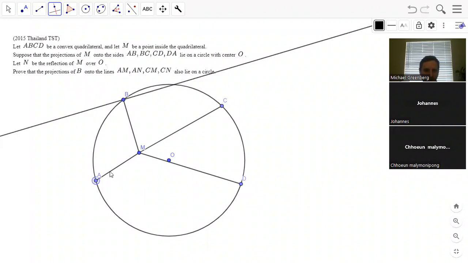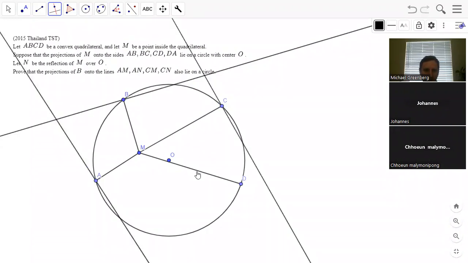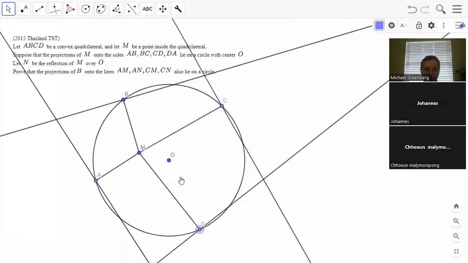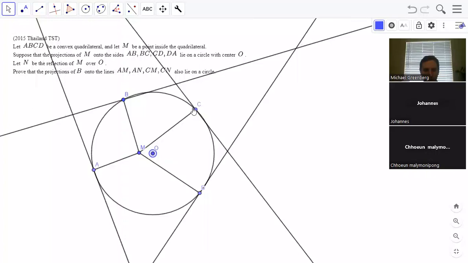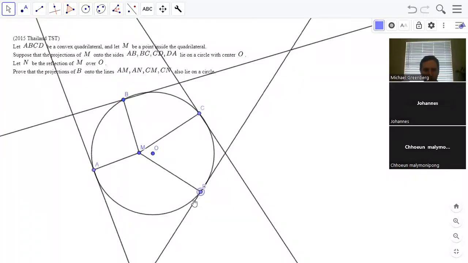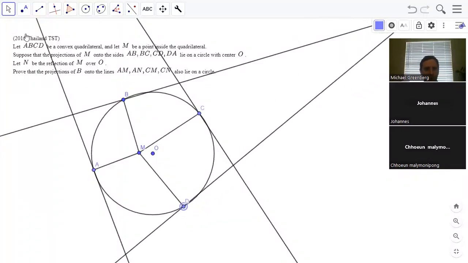AM through A, CM through C, and BM through D. And let's make the intersections look a little better. Something like that.